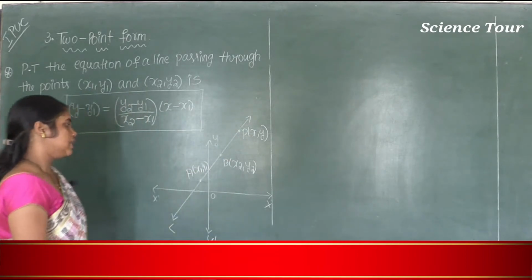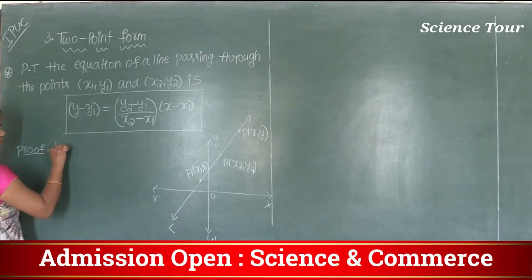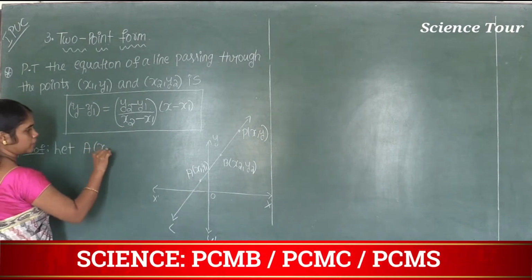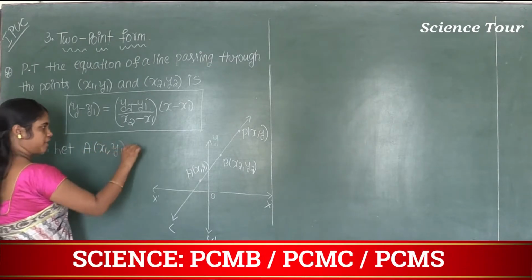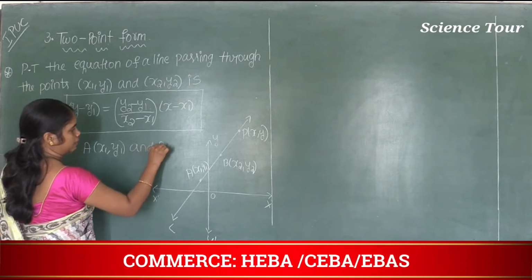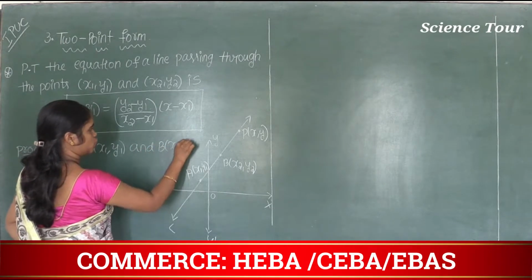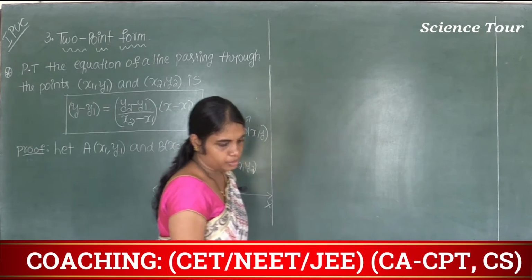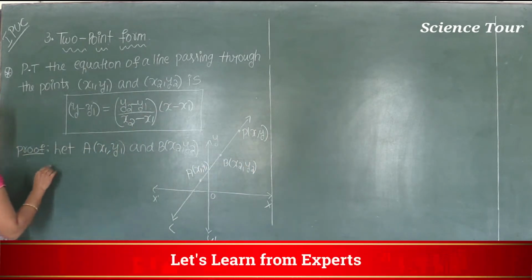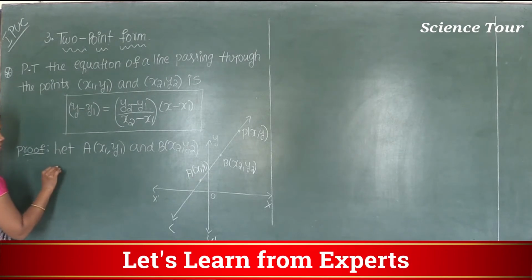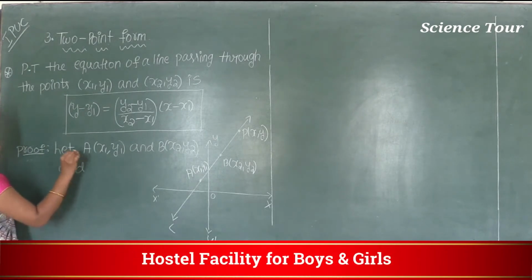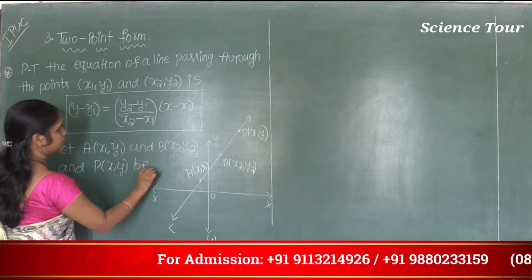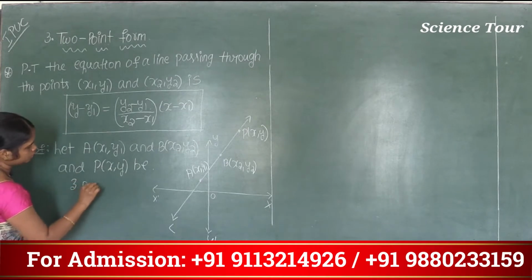Let A of x1 comma y1 and B of x2 comma y2, and another point is P of x comma y.